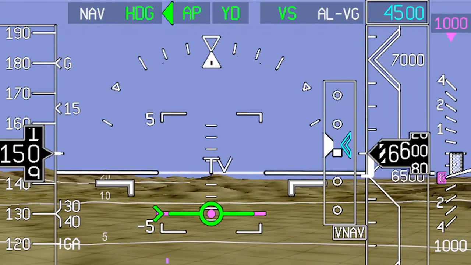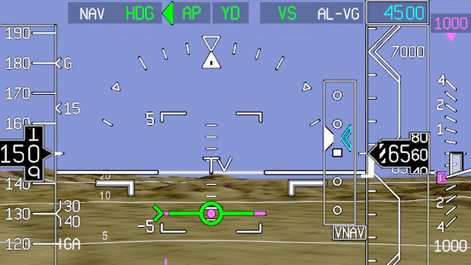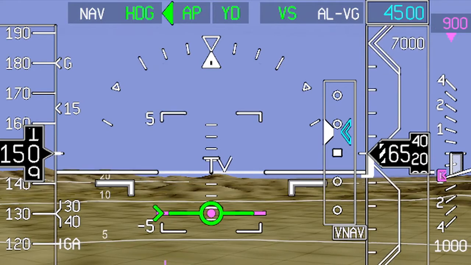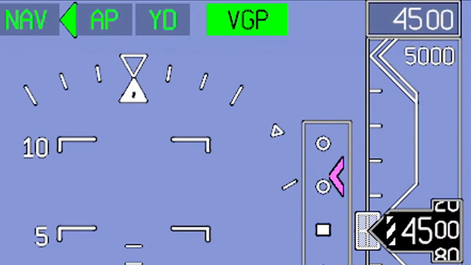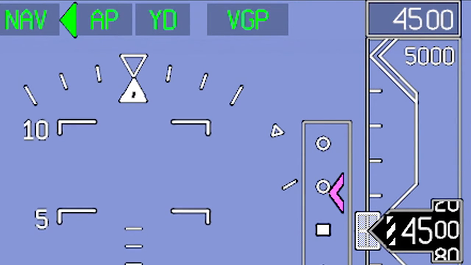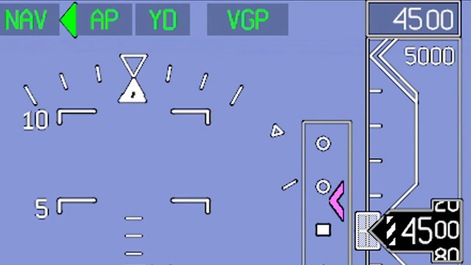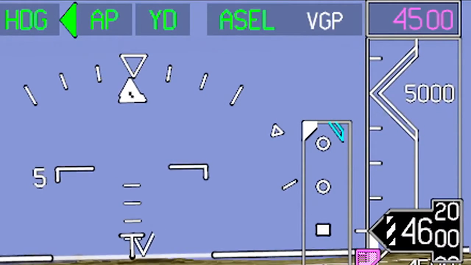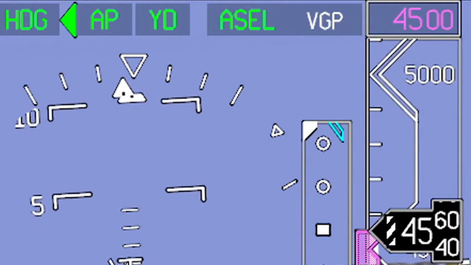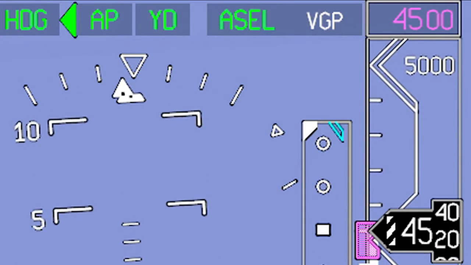When ALVG is armed, the selected altitude, or VGP, will be captured, whichever occurs first. If VGP is captured first, altitude select mode will be cancelled and the altitude preselector will be ignored. If the altitude is captured first, VGP mode remains armed and will capture the vertical glide path when appropriate.